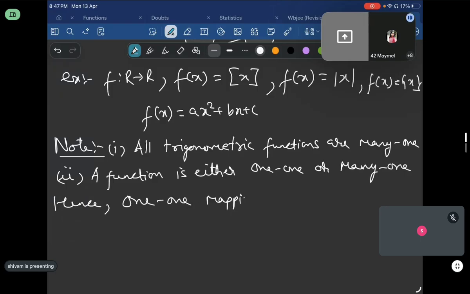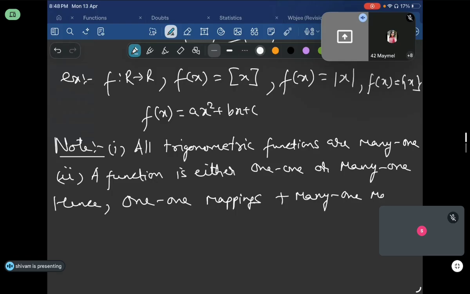Can you repeat what you said? After I said algebraic, I didn't have net. All algebraic functions are many one. No, sir, I was thinking like x square, so it is many one because minus 2 and 2 give the same value. Yes, sir.